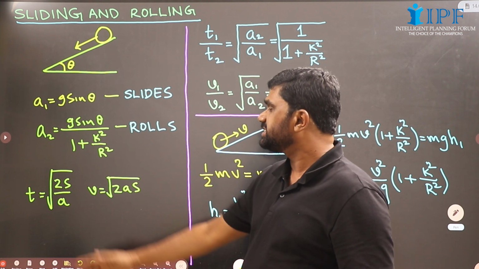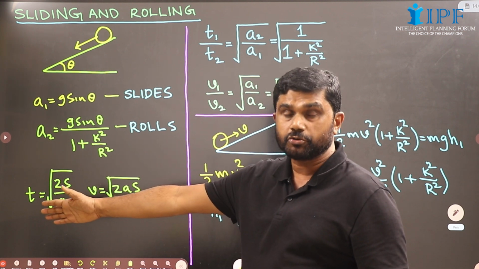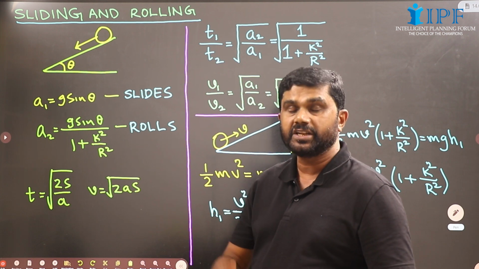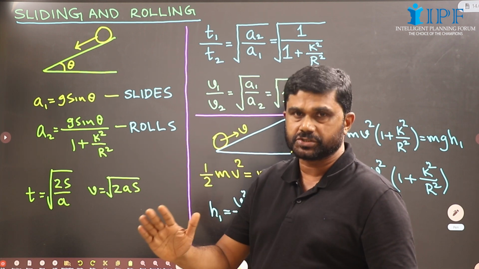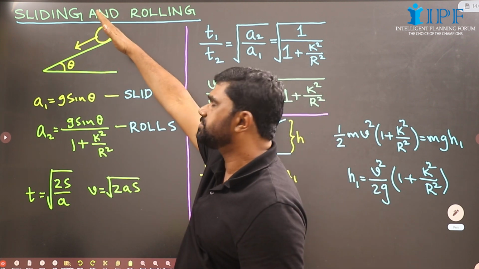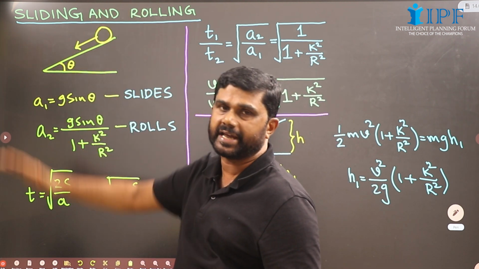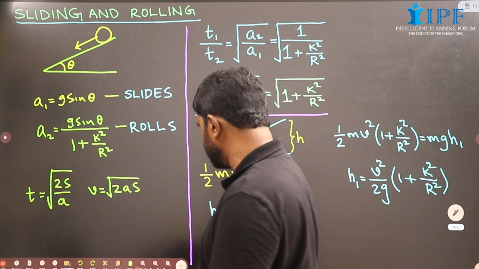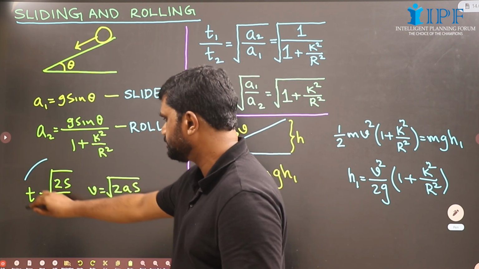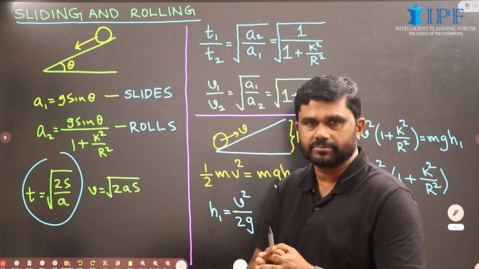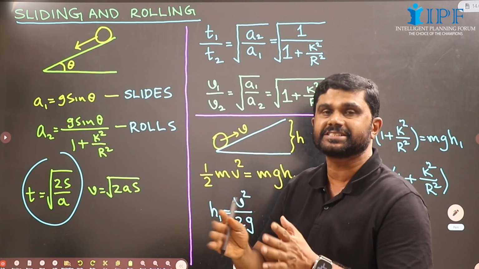Okay, now see t, the time taken by the body to reach the bottom, that is equal to under root 2s by a, whether the body slides or rolls. In both the cases, the body starts from rest. In both the cases, the body has to cover the same displacement. So for both the cases, this will be valid. And in both the cases, 2s is the same. The displacement it covers is the same.